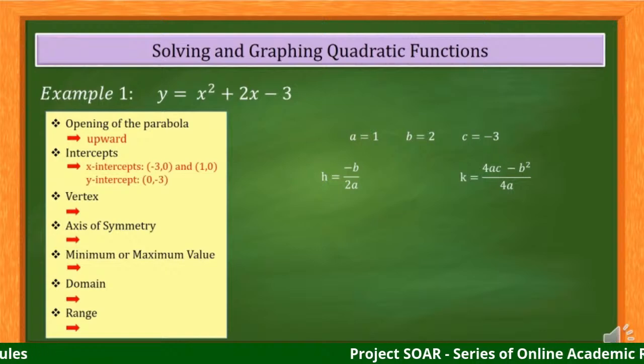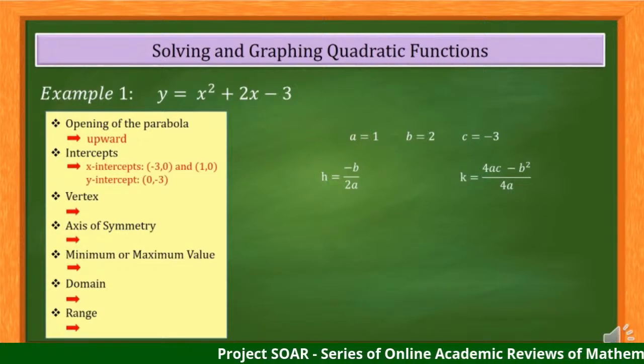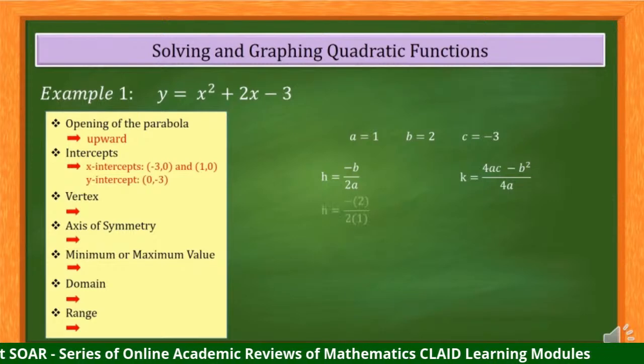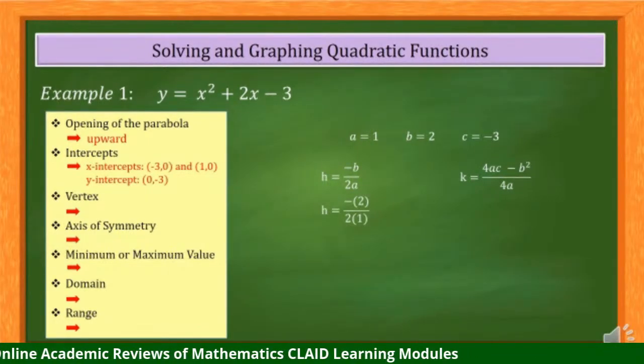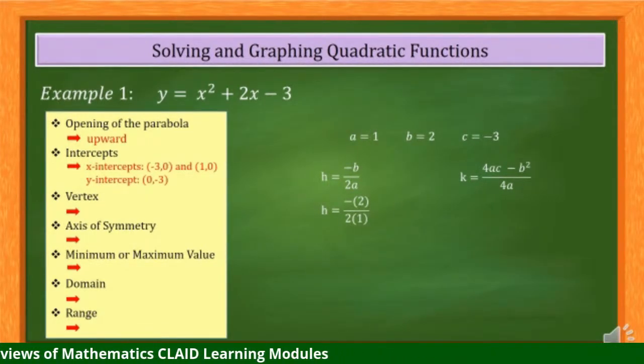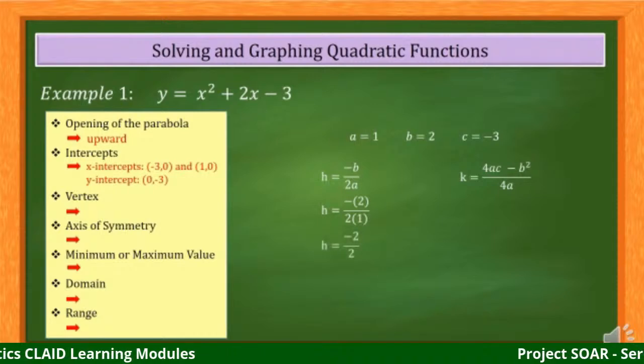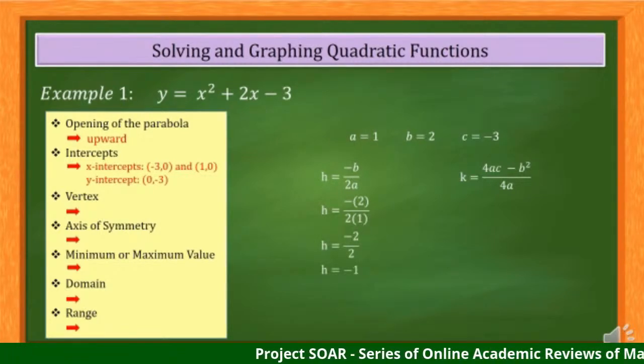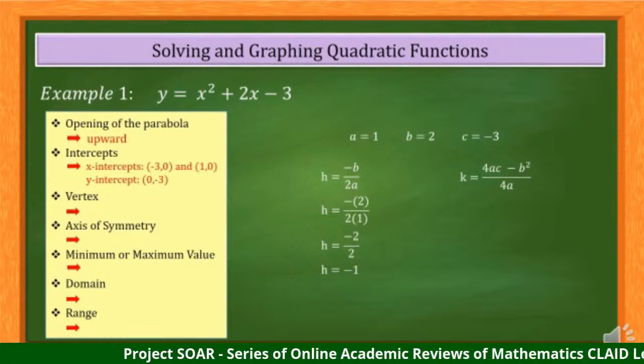So, start tayo kay h. To solve for h, just substitute the values of b and a. So we have negative 2 all over 2 times 1. Then, we have negative 2 over 2. The answer is negative 1. So yung value ng h natin is negative 1.